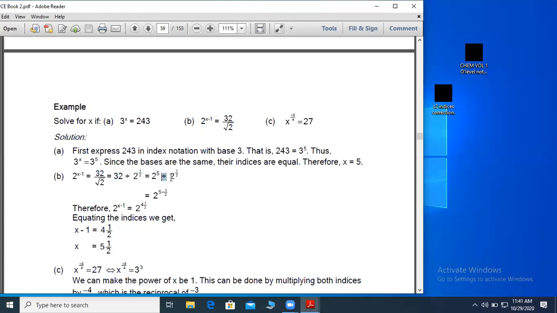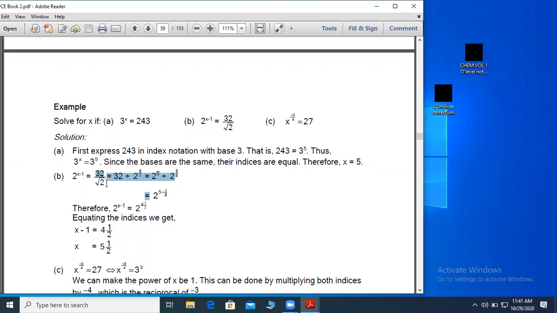Since we are dividing the indices that have the same base, we write one base, which is 2, and we subtract the powers, which are 5 and a half. So 32 divided by the square root of 2 ends up becoming 2 to the power 5 minus a half, which is 2 to the power 4 and a half.